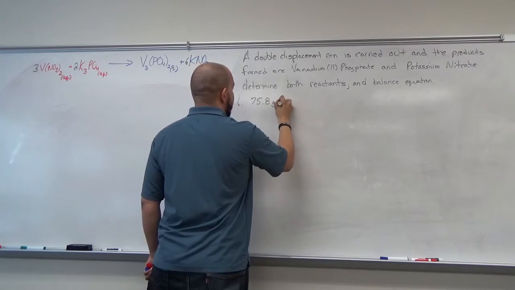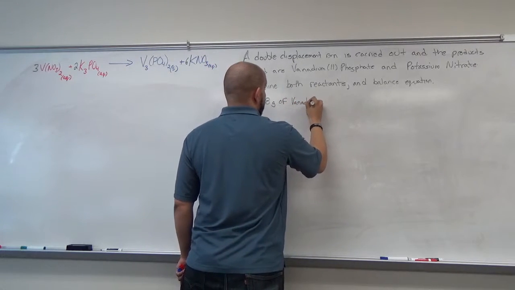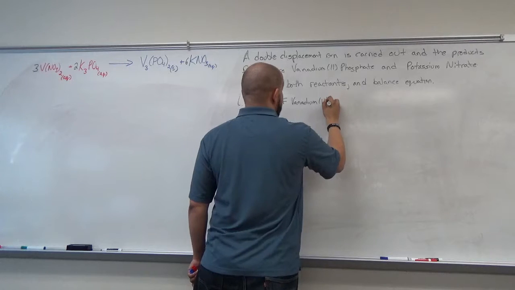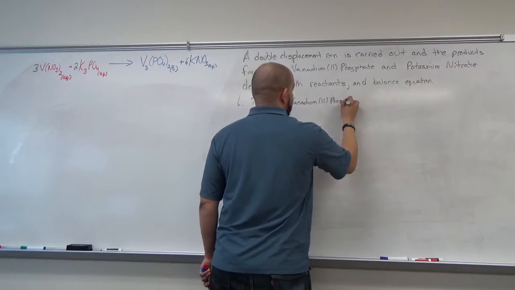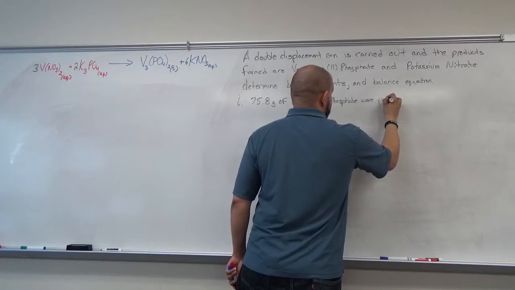75.8 grams of vanadium(II) phosphate were precipitated.